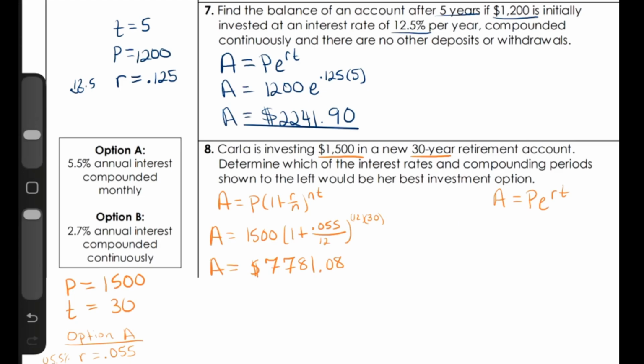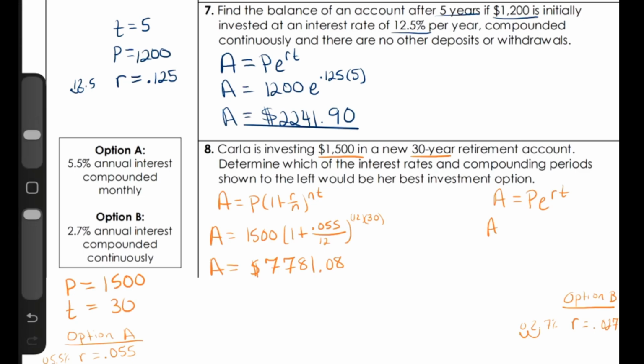So for option B, our rate is equal to 2.7%, and if we move our decimal two times to the left, we'll end up with 0.027. That's the only thing we really need because we have our P and we have our T, and those are the only variables we need to look for.